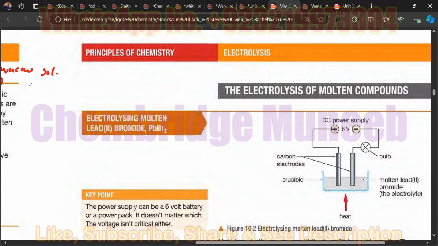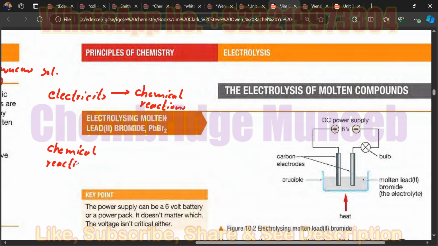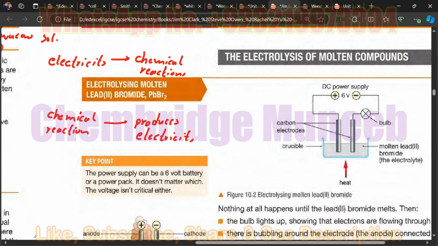In one type, electricity causes chemical reactions, and in the other, chemical reactions produce electricity. So some cells work on the first principle and some electrochemical cells work on the second principle.